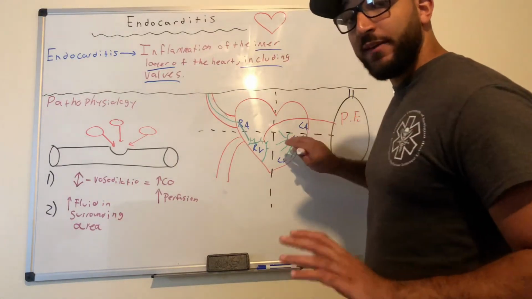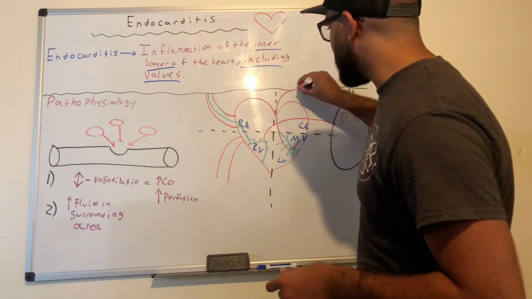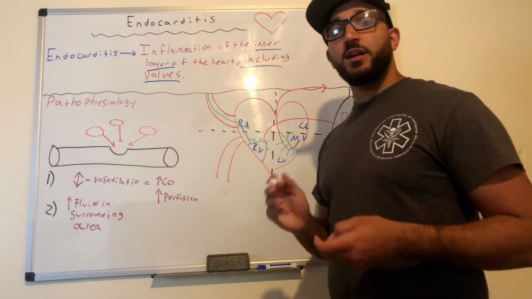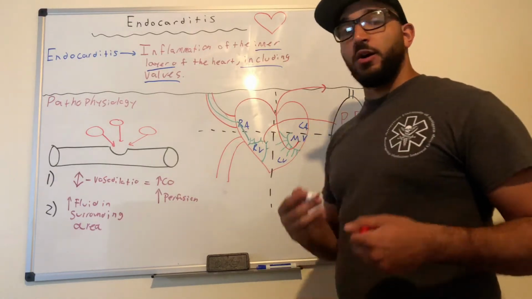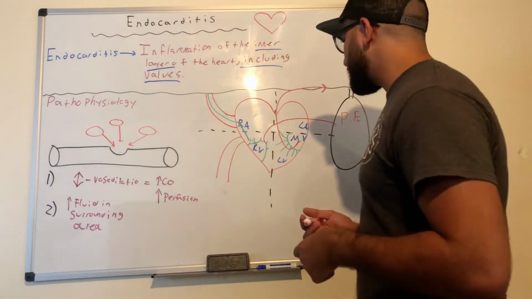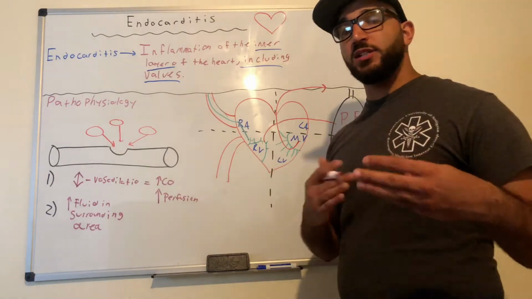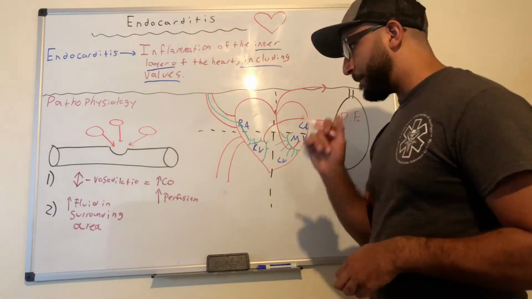Now, if it's in the left side of the heart and it travels out to systemic circulation, it's going to cause issues such as a splenic embolism, or it can also cause situations such as a stroke to occur. So different complications for different sides of the heart. So that's something that's important to talk about.